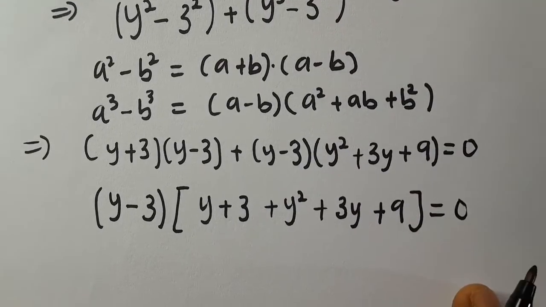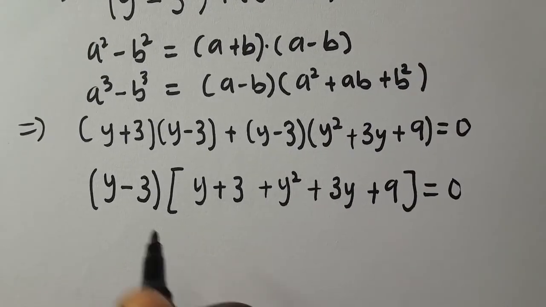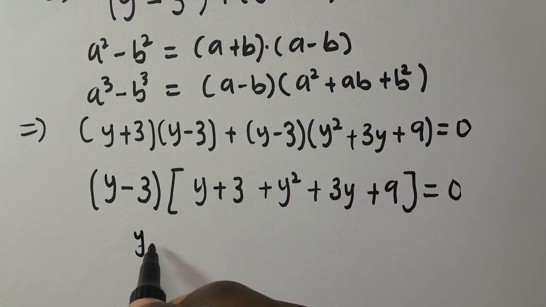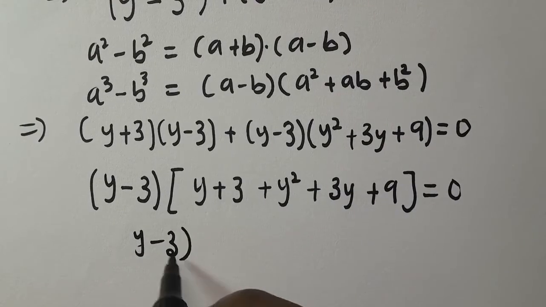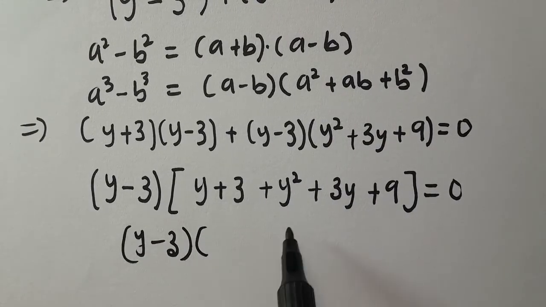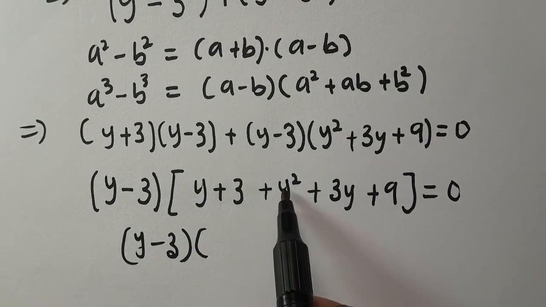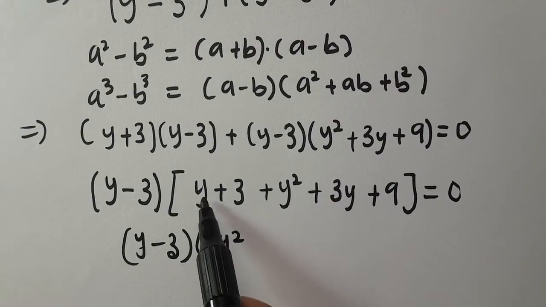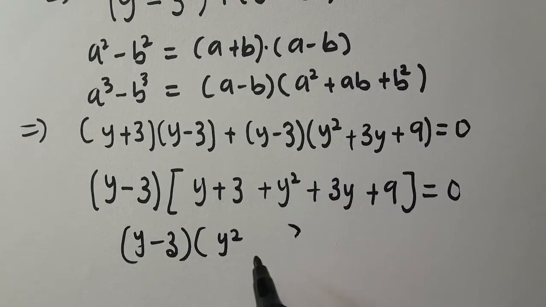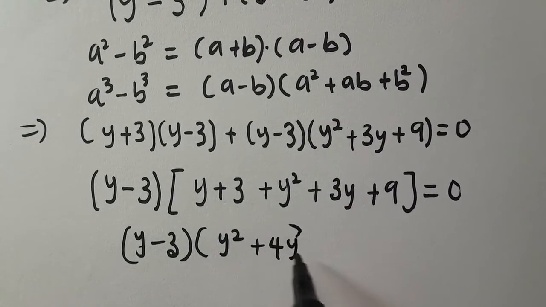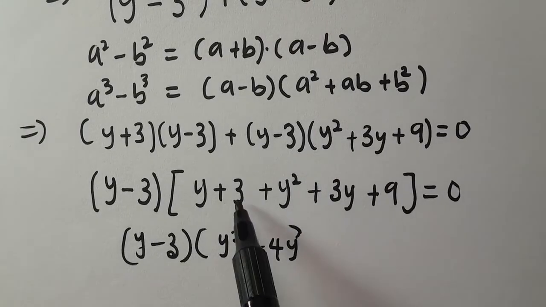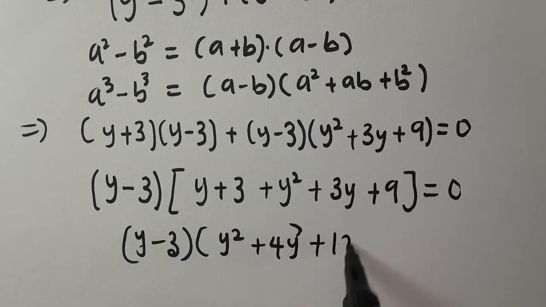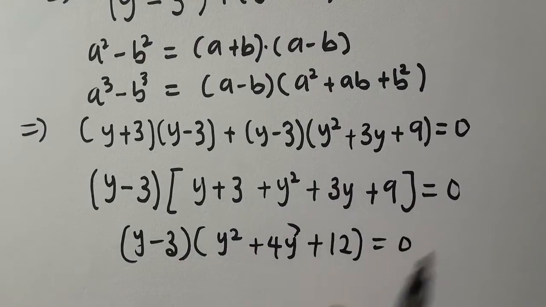Then we have everything equal to 0. Then we have this as y minus 3. Then from here we have y squared. Now y plus 3y, we have it to be 4y. Now 3 plus 9, we have here to be 12. Then we have everything equal to 0.